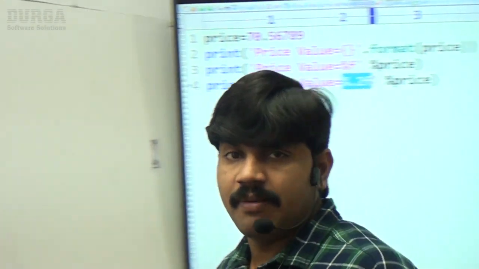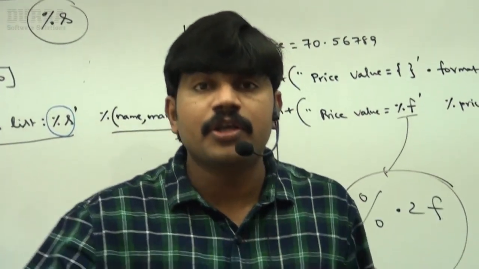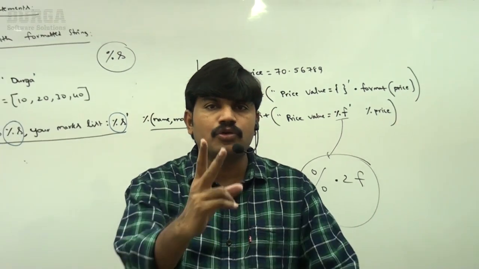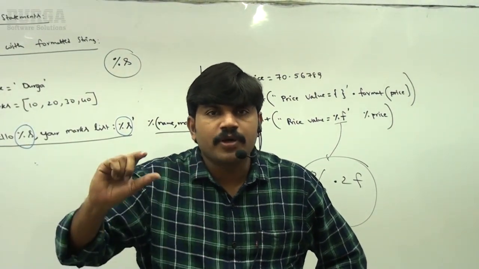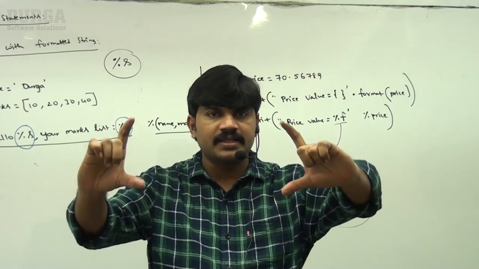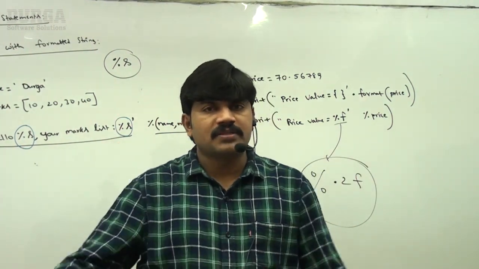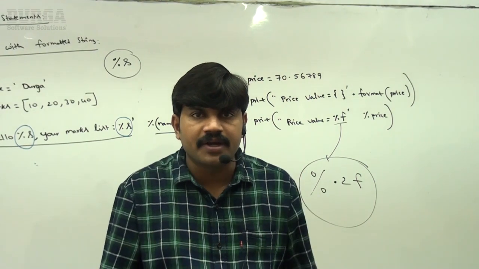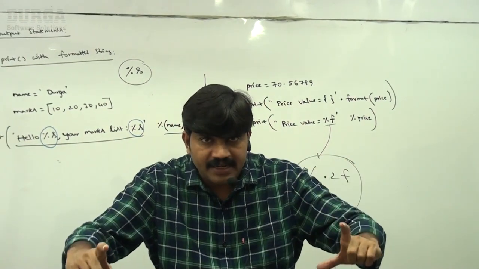Sir, sometimes what will happen is, okay, for price, after the decimal point only 2 digits are allowed, even more than that, rounded to only 2 digits. That's my requirement. Or every employee number should compulsorily contain exactly 6 digits. Even if more than that is provided, don't consider it. Only 6 digits we require. Employee name should compulsorily contain exactly 20 characters only.